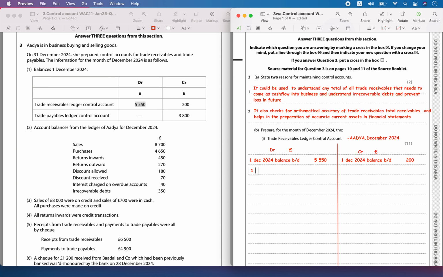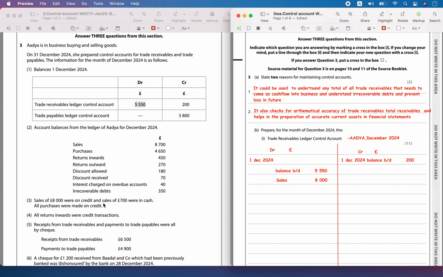So let's include the credit sales on the 1st of December. So the credit sales is 8,000.